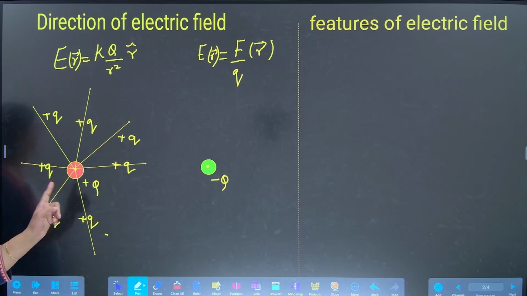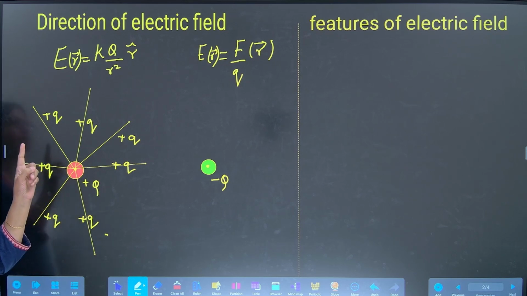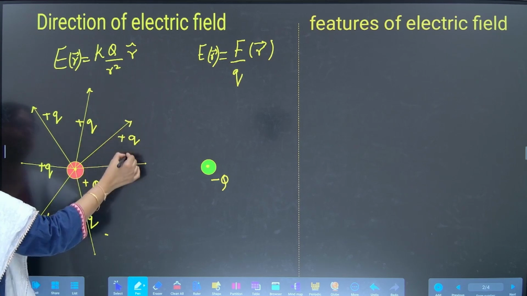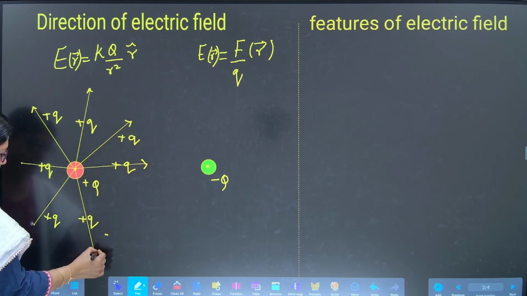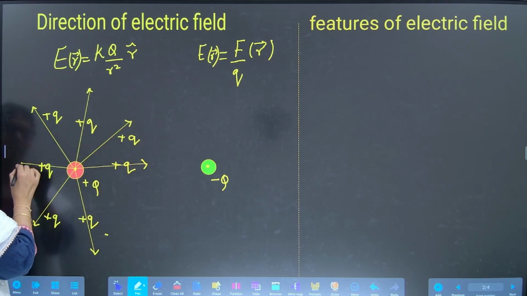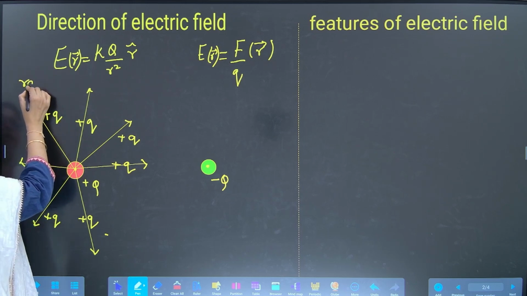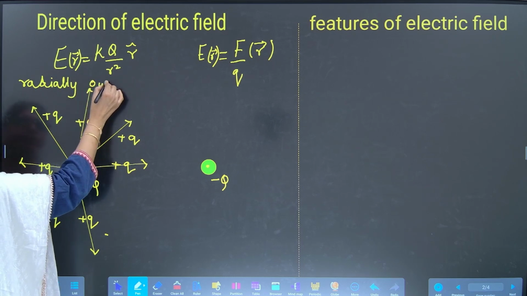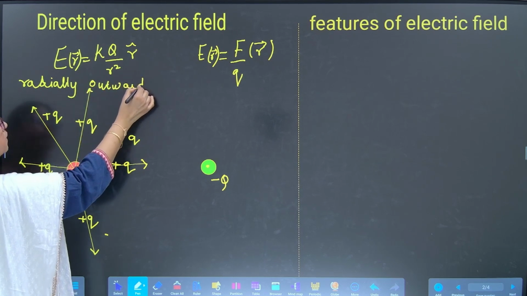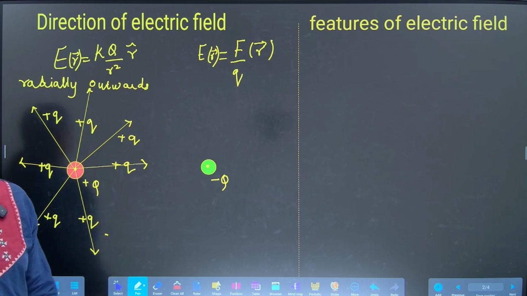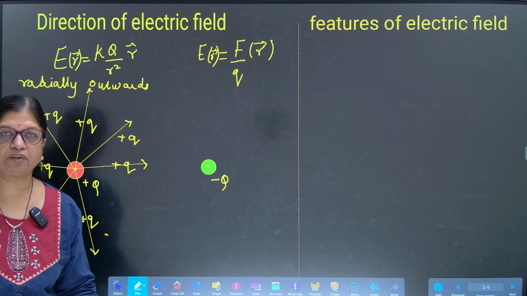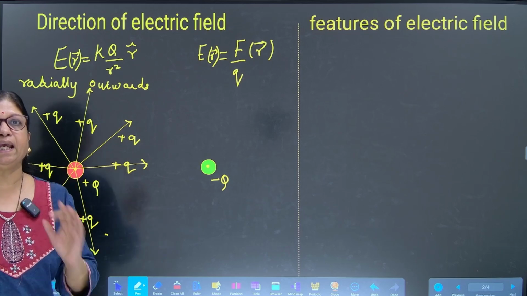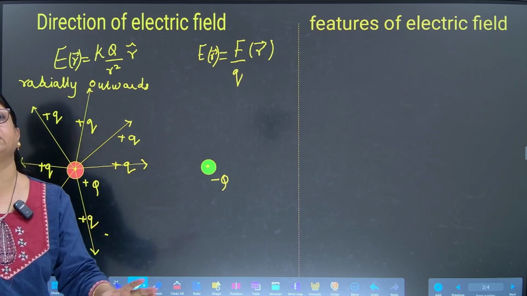Now, for a positive source charge, it means that the direction of the electric field is radially outwards. So remember this. The direction of electric field around a positive source charge is radially outwards.